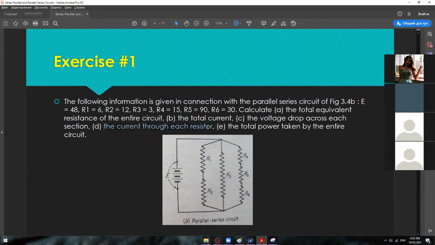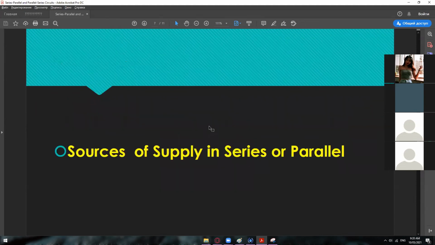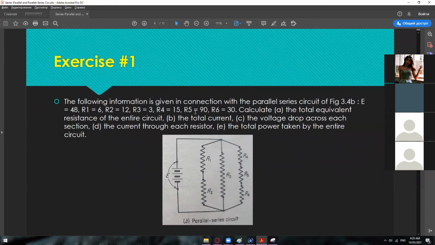And the current through each resistor, and then the total power taken by the entire circuit. So everything is the same aside from the values of your resistance. I think same lang sa total voltage for T10. I think parehas nga rin yata sa mga total mga values ng resistance. Anyway, just a different connection, okay, or circuit. Alright, so yan yung magiging seat work nyo.